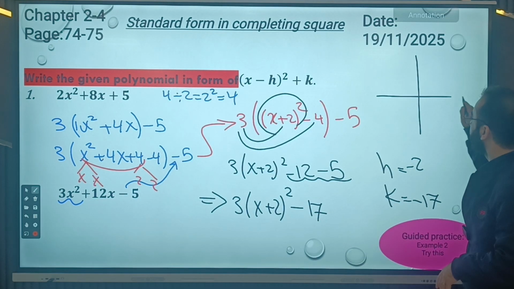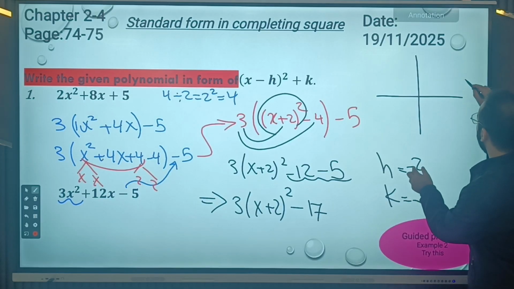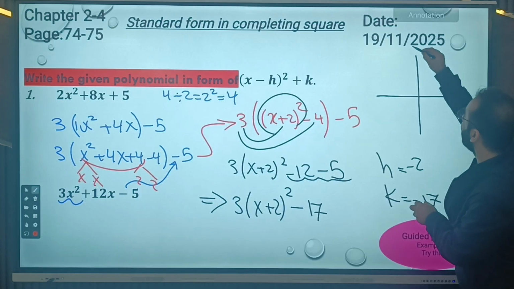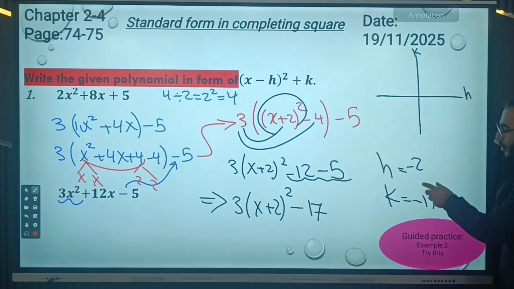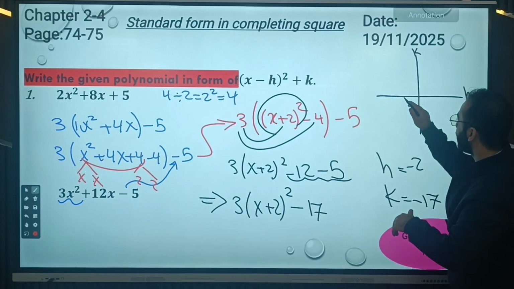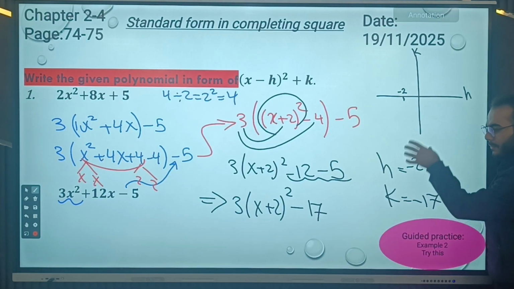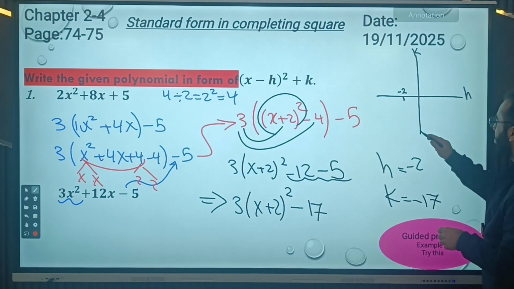How? Make a coordinate plane like this. Find this vertex. By the way, h rules as x and k rules as y. So on the h-axis, go for negative 2, which means go to the left side. Imagine negative 2 is here. And negative 17 on k means go down for negative 17. So imagine negative 17 is here.